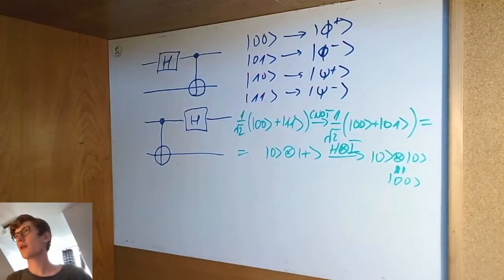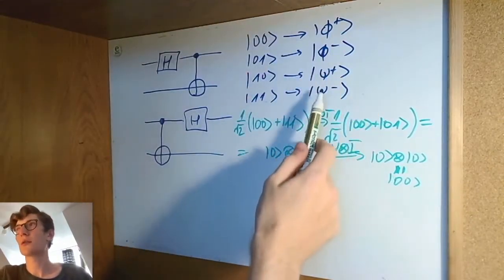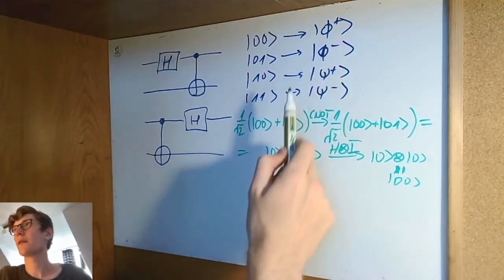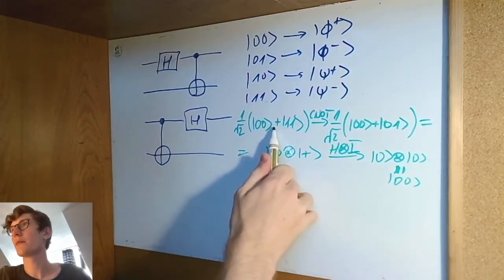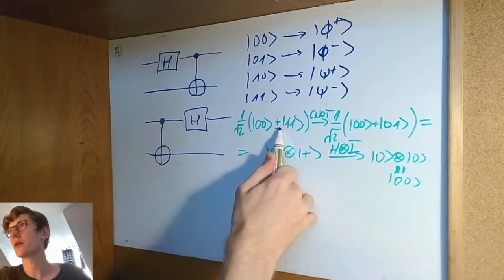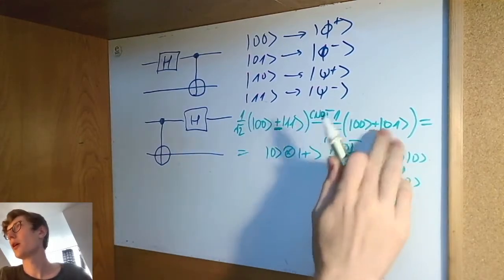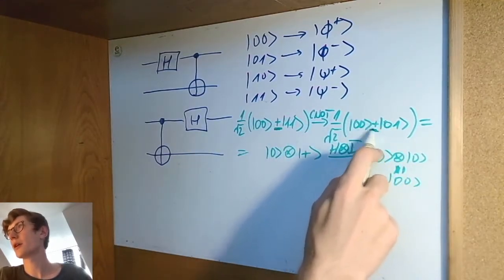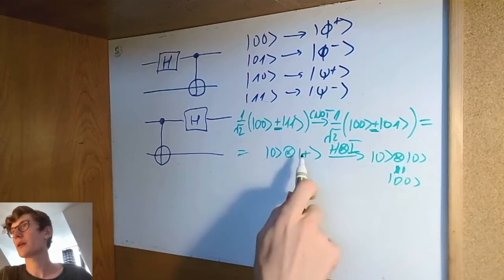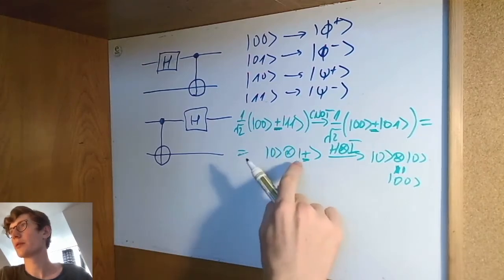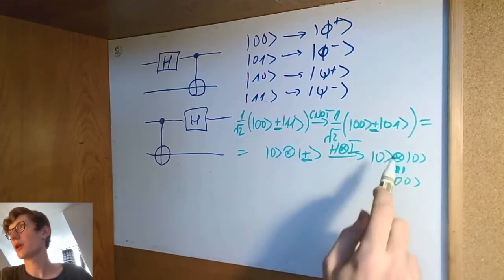We can also check that it holds for other cases. For example, for phi minus, it's very easy now, because we can just consider minus here instead of this plus. Then it will be still minus here, right?